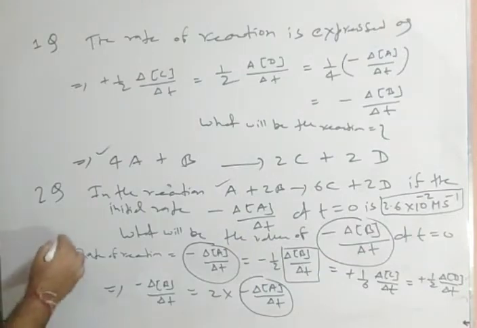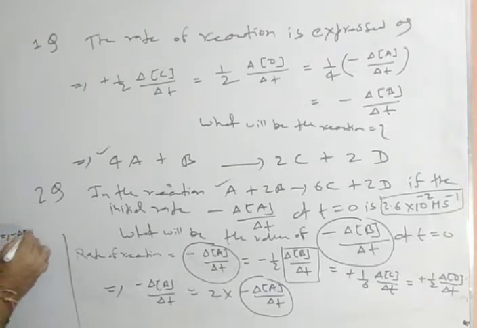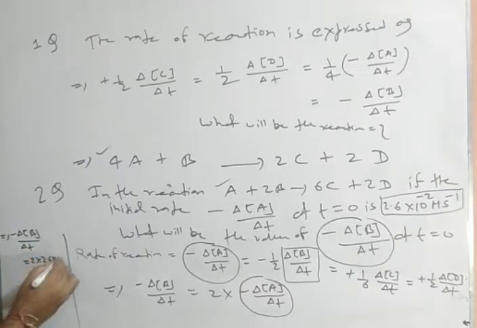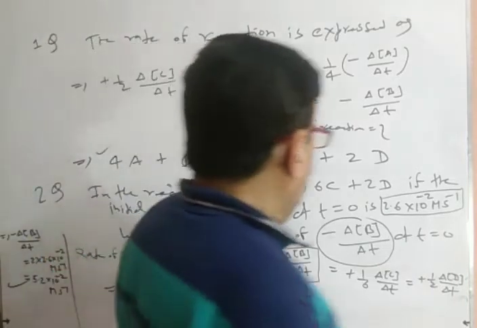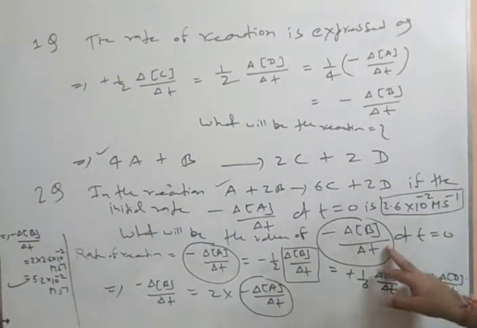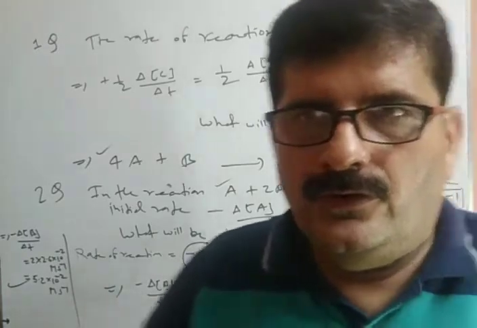So we can write minus delta B by delta T is equal to 2 into 2.6 into 10 to the power minus 2 m per second, that is 5.2 into 10 to the power minus 2 m per second. So this is your answer for the value of average rate of reaction for reactant B.